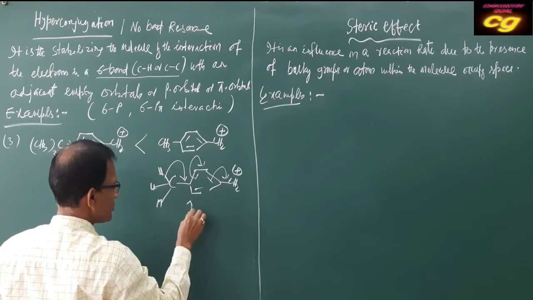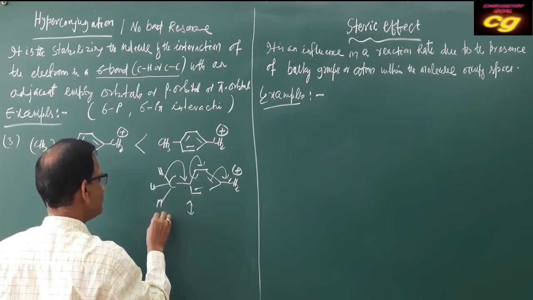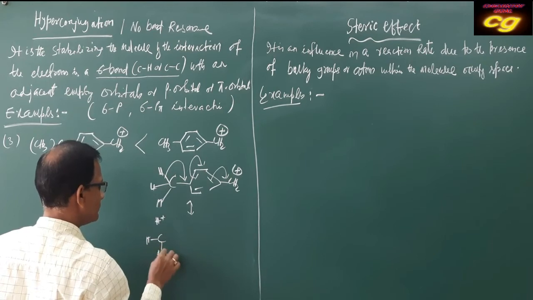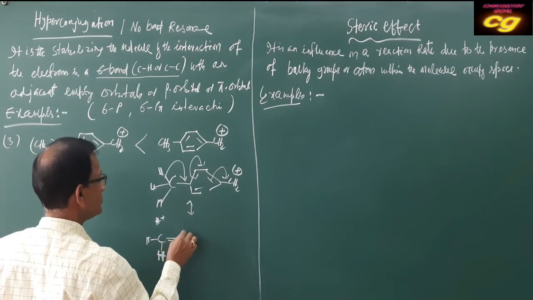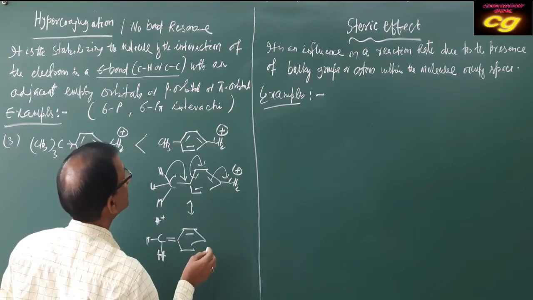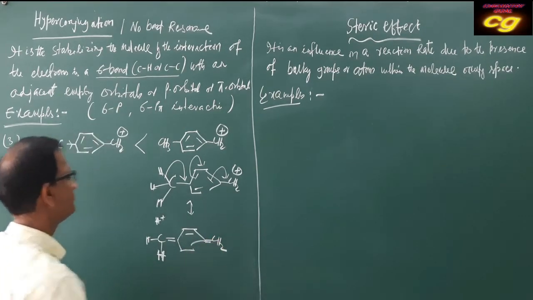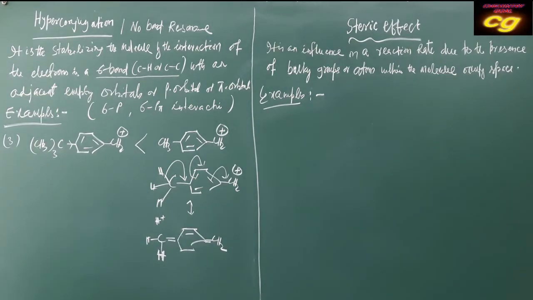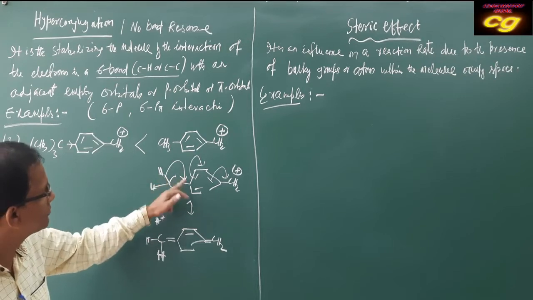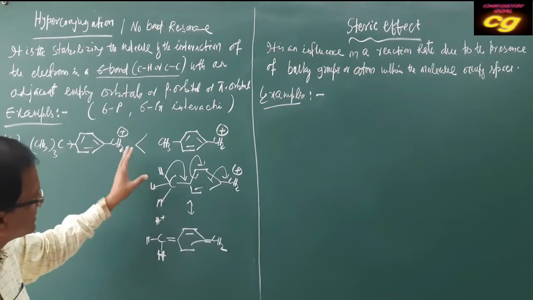The first structure will be H plus, then CH, then a double bond, the benzene ring like this, then CH2. So by hyperconjugation, this CH bonded electron shifts towards CH2 plus, so stability increases.